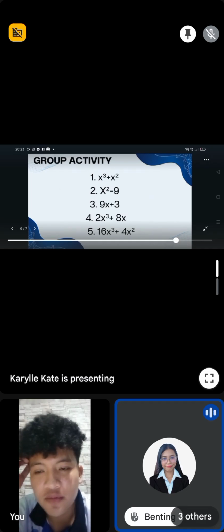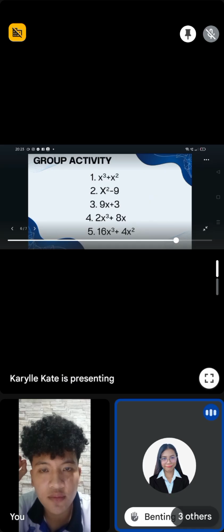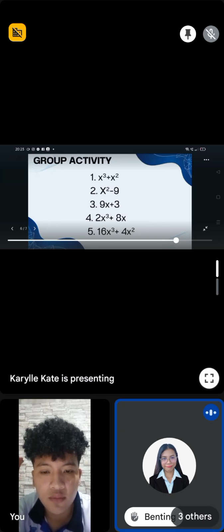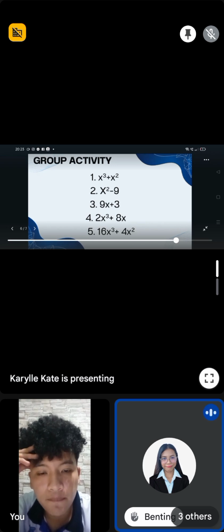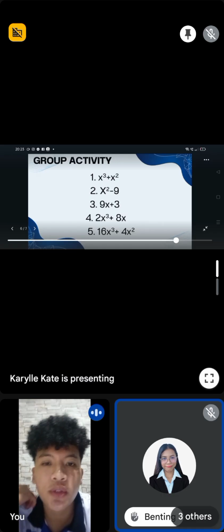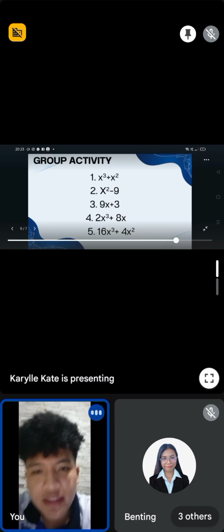The numbers 9 and 3, their GCF is 3, and only the 9x has a variable, so no common variable. Then we need to factor them. 9x plus 3, so GCF is 3, and 3 times 3x plus 1. Inside the parentheses is 3x plus 1, sir. Wow. So yeah, I guess you're right.